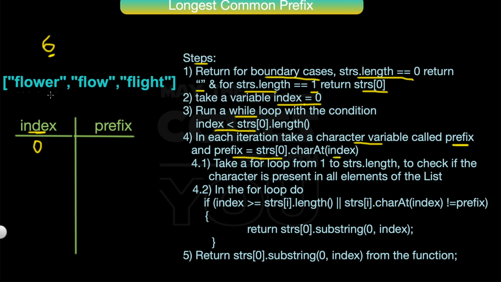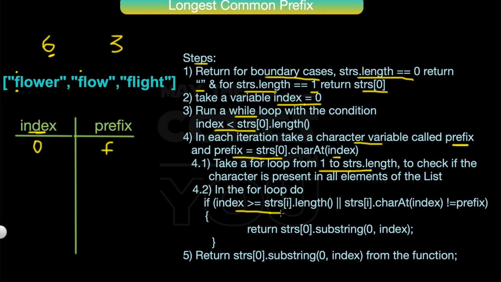So our index is 0, so the character at 0 is F. So our prefix will be F. Now we'll take a for loop, and this for loop will check if F is present in all three elements or not. So it will be from 1 to strings dot length, as we have already taken the word from the first element.